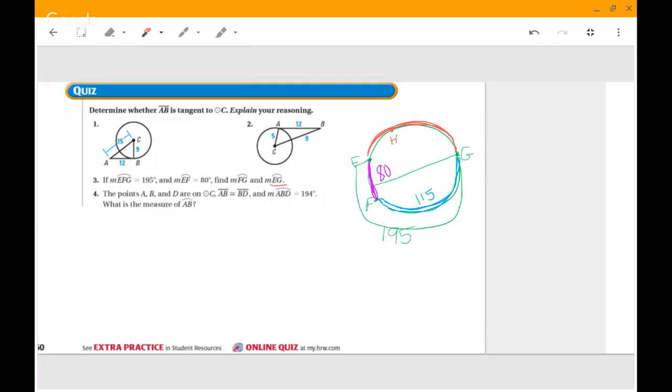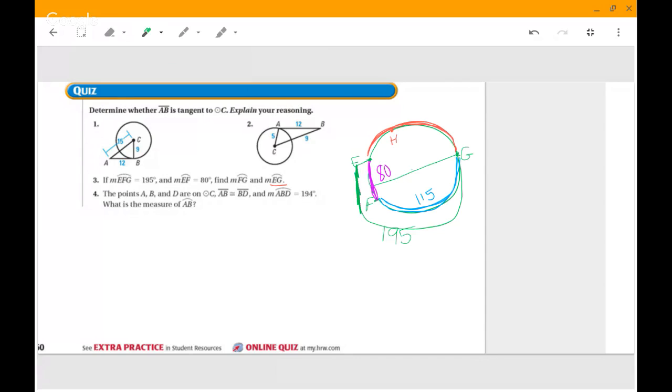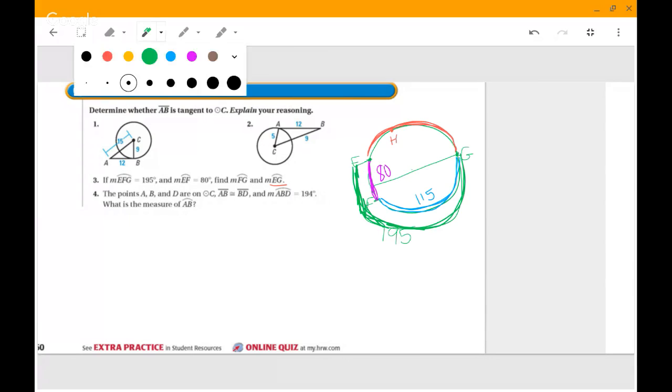No. That 80 is part of the 195. Gotcha. So it's really 195 is all the way the other side from E to G. So it's just 360 minus 195, which is 165. There you go. Awesome.